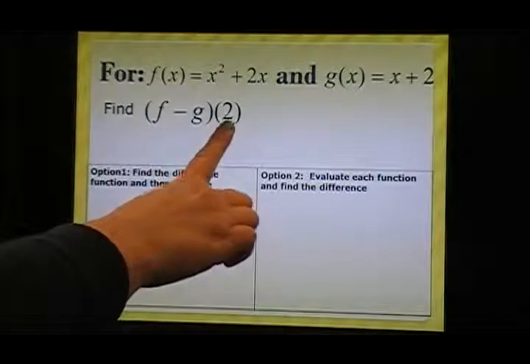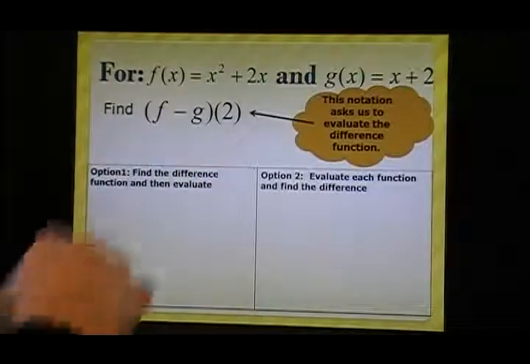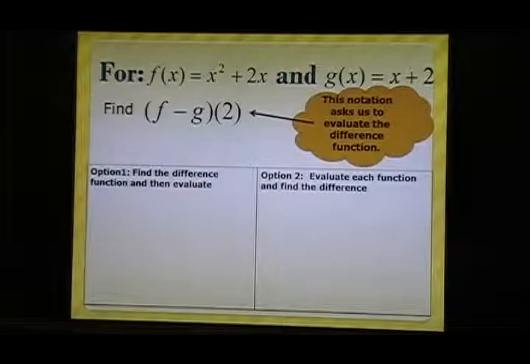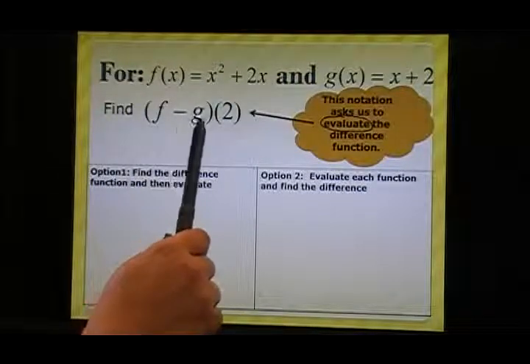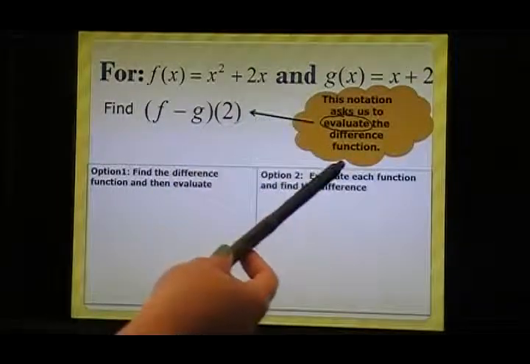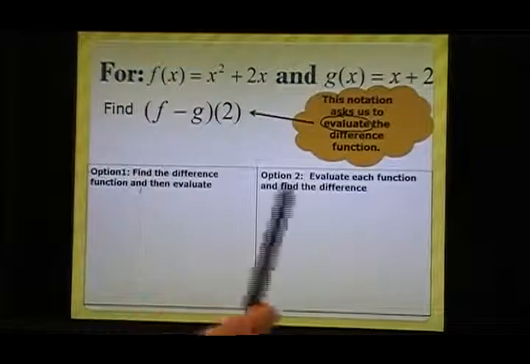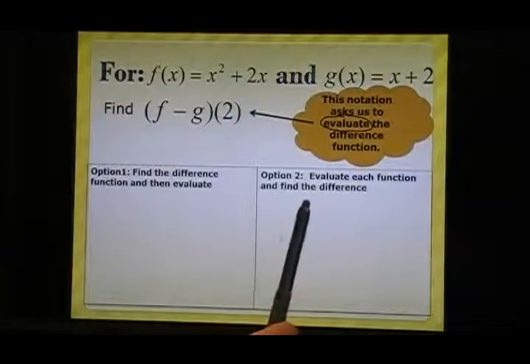So if we have a number rather than an x, then that notation wants us to evaluate the difference function. So to find f minus g of 2, I need to evaluate the difference function for an x value of 2.